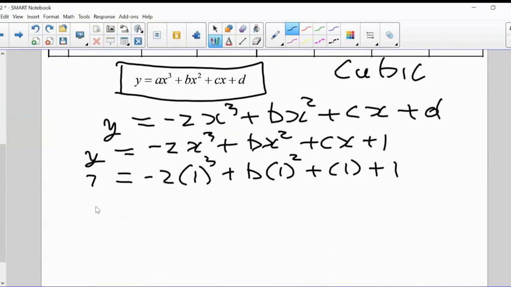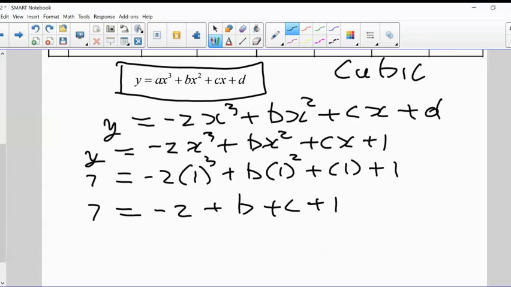So let's complete this. So 7 equals, well, 1 cubed is still 1, times minus 2 is going to give us minus 2. This is going to give us 1 squared times b, which is just plus b. This is plus c, plus 1 is equal to 7. Well, you know what? I have 2 variables, though. So that's not enough for me to solve this.